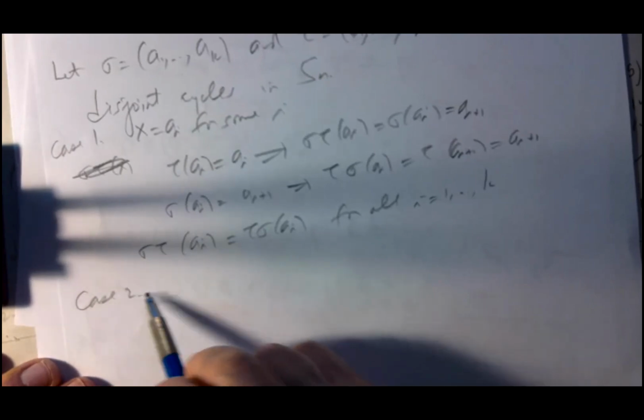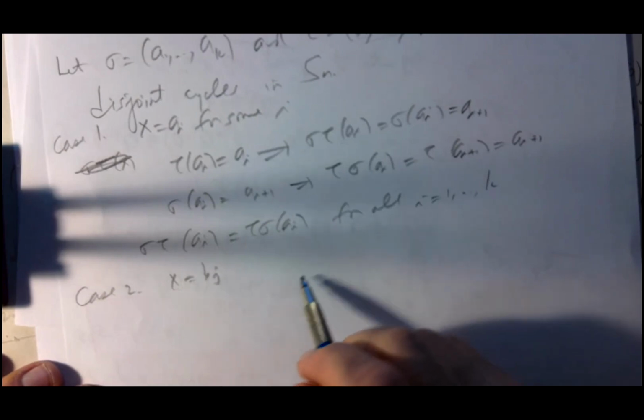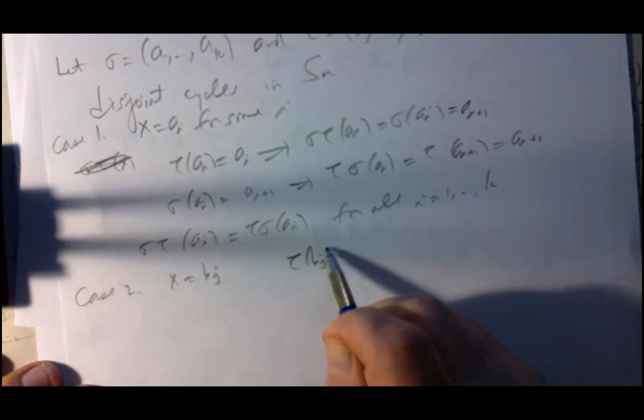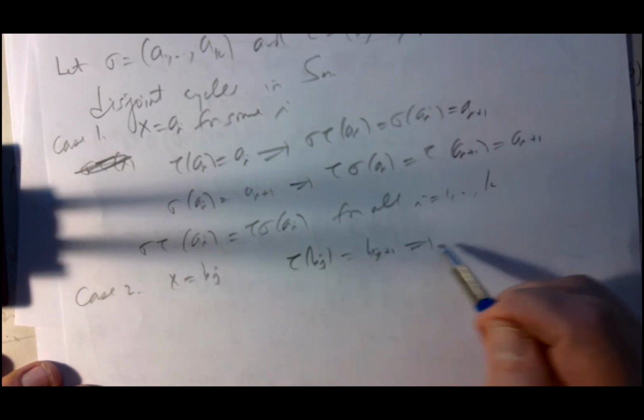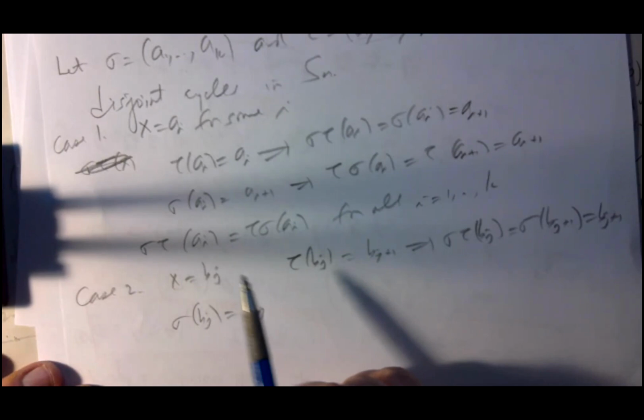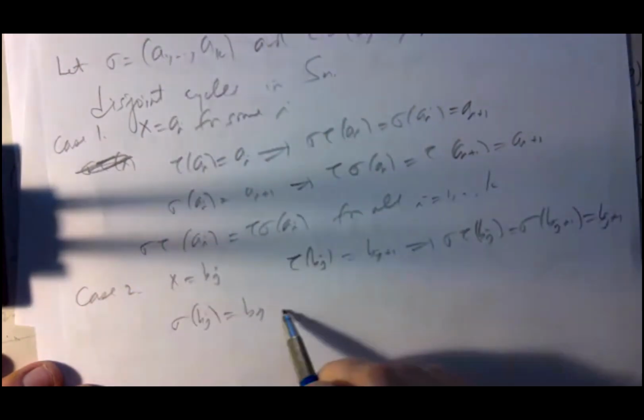In case 2, let's say x is equal to some b_j. So we have tau of b sub j is b sub j plus 1, and sigma tau of b_j is sigma of b sub j plus 1, but that's not one of these numbers, so this is just b sub j plus 1. On the other hand, sigma of b_j, again, it's b_j because b_j is not one of these numbers.